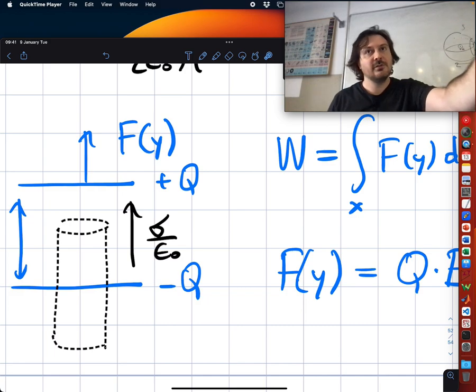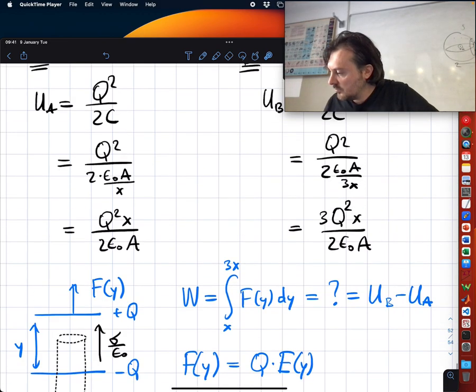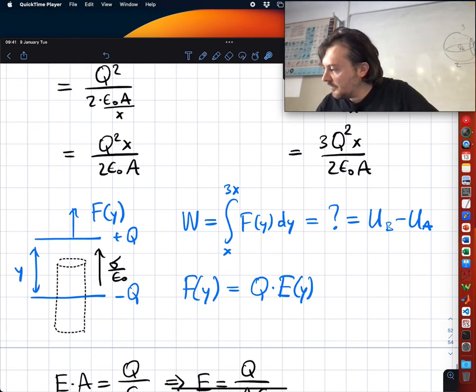I still didn't understand why we put it on minus q. Why minus? Okay, very good. We could have put it like this. That's also the same thing.